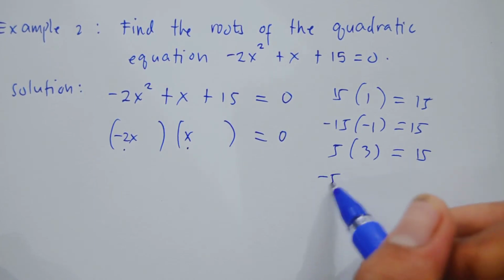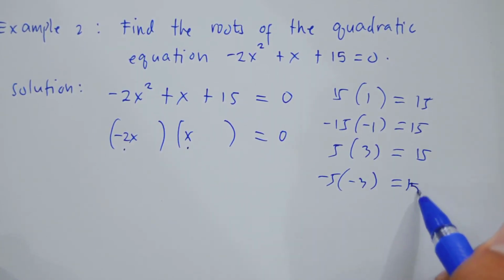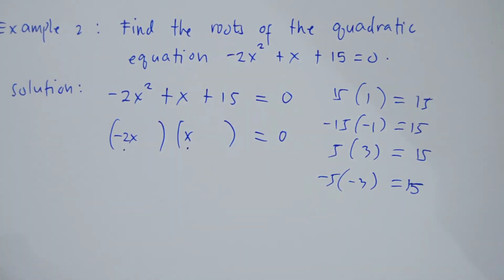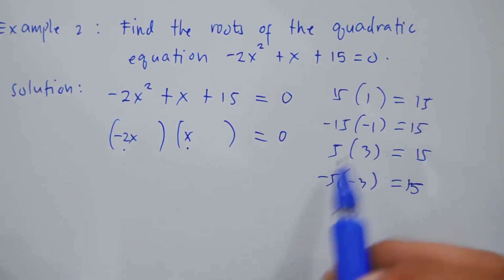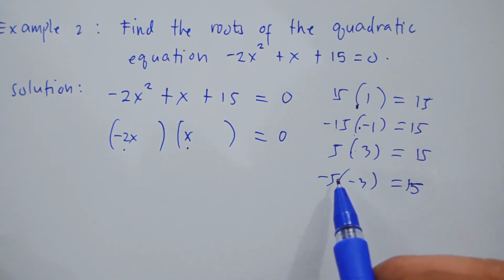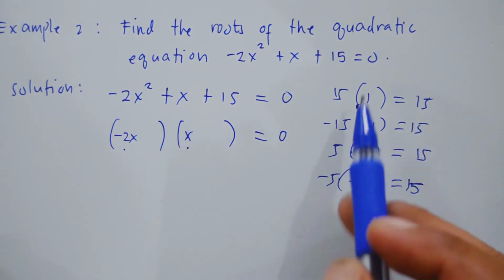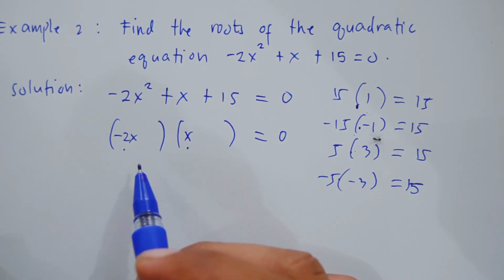And negative 5 times negative 3, the result is also positive 15. So there are 4 pairs of factors of positive 15. Which of these 4 are we going to write inside the parentheses?